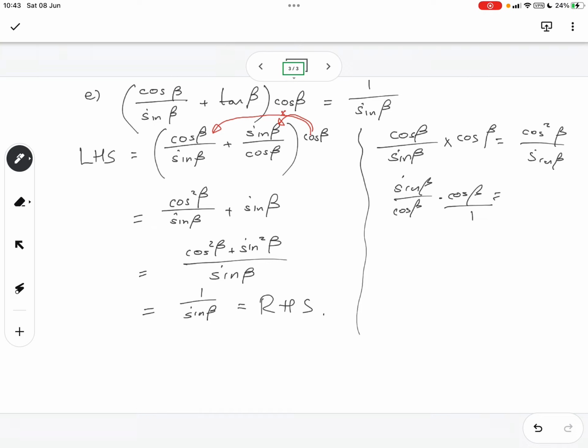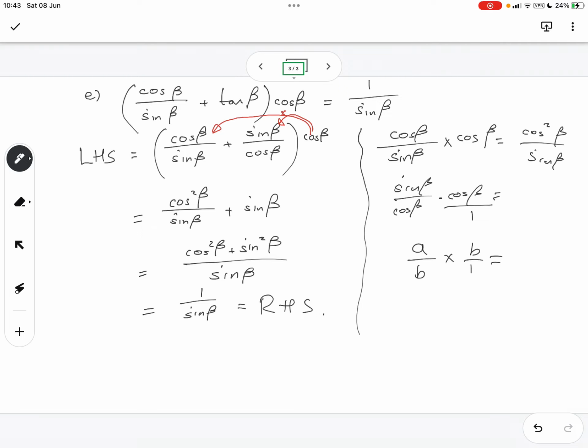Let me make it simple. It's cos beta over 1 times sine beta over cos beta. What's the answer? How do you multiply? Don't guess. Explain to me using the math concepts that we know.